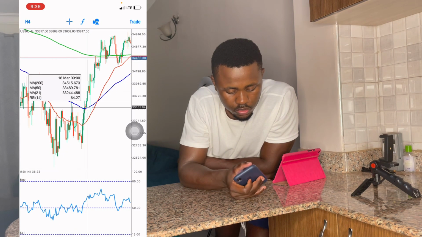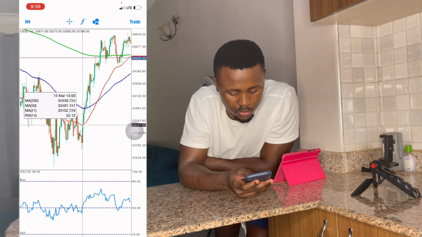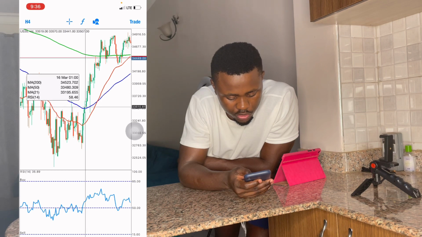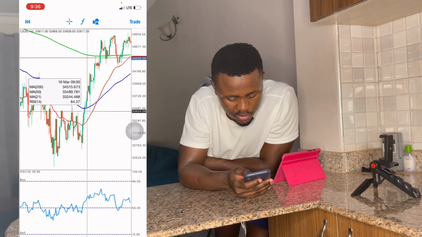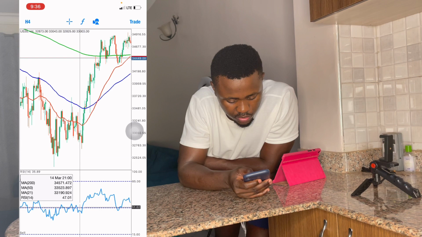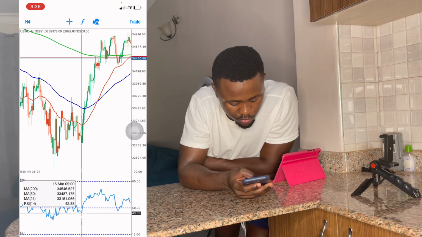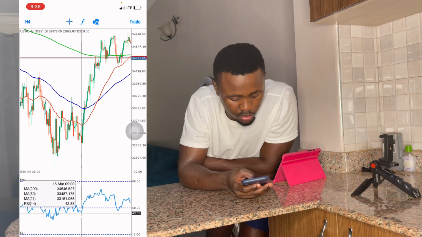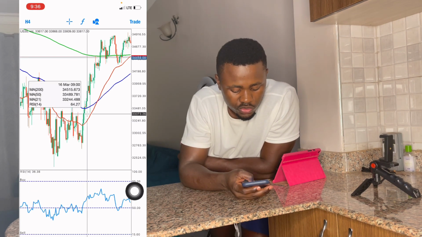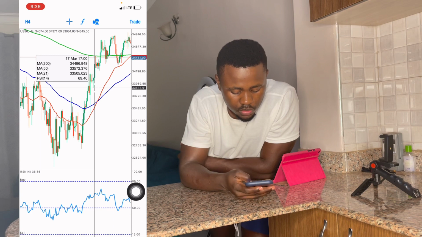Let me choose this. I would take a trade here and exit here from just this level. The reason I would have done that is because when price is below here, it means the selling momentum is too much. But when price crosses this 50 level, as you can see, because my RSI has the 85 level, the 50 level and the 15 level.